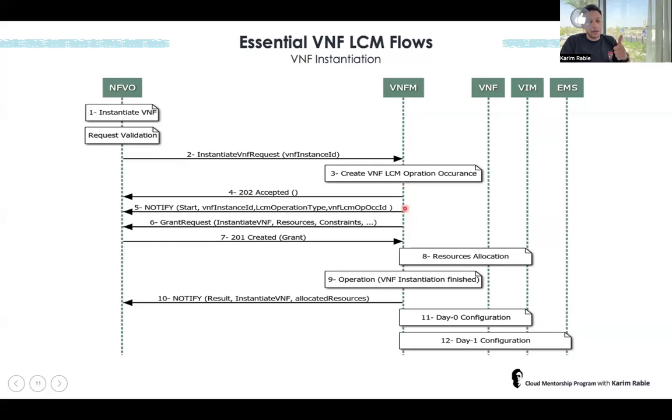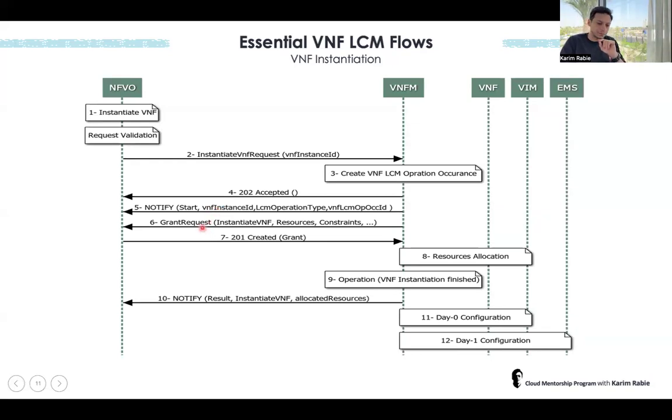And then VNFM in step 5 notifies the NFVO that I'm going to start the process. When we say LCM operation type, in that flow, it is instantiation. Maybe in another flow, it is scaling or healing. But in 5, I will tell the NFVO that I'm going to start the instantiation of VNF instance ID 22. Stay tuned. I will come to you if I need support.